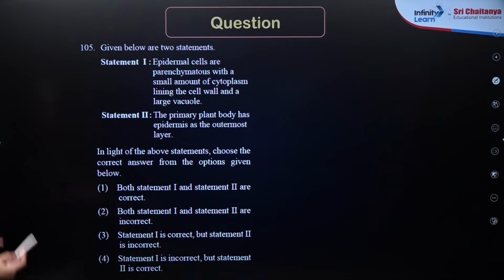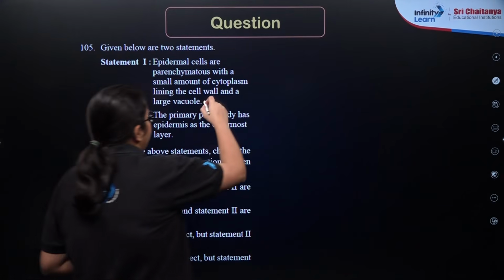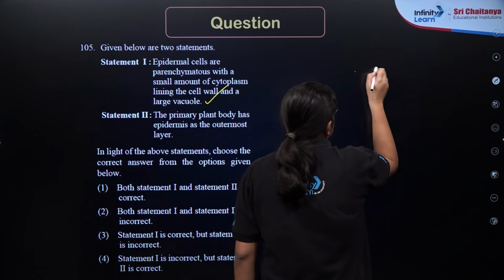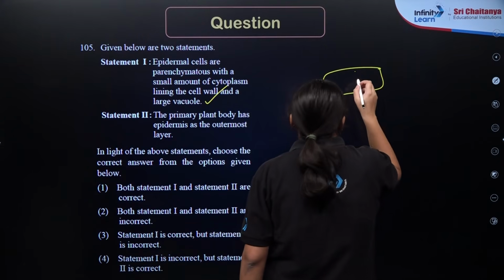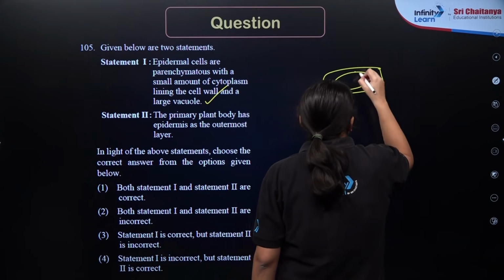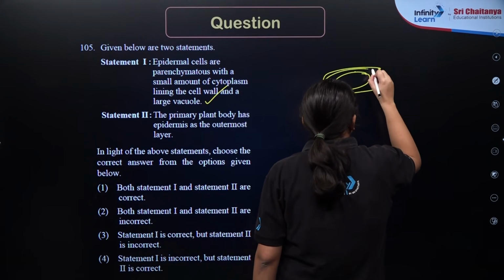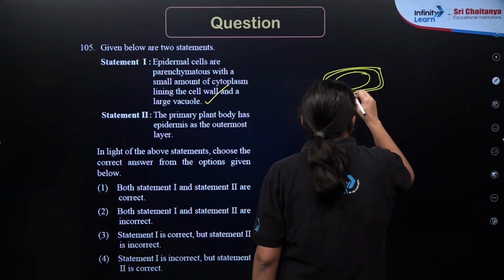Epidermal cells, there are 2 statements. First is, epidermal cells are parenchymatous with small amounts of cytoplasm lining the cell wall and a large vacuole, which is true. So epidermal cells will have a large vacuole and the cytoplasm will be around the periphery, lining the cell wall.